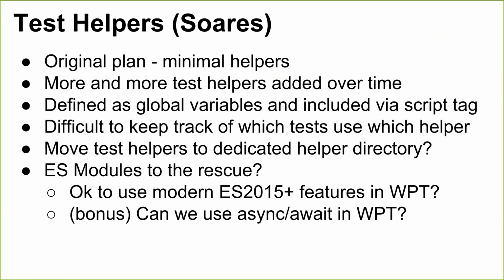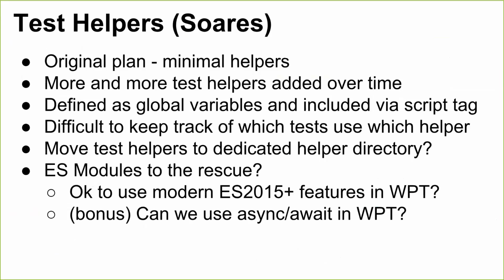But as time goes on and as more tests are written, we are also adding more and more helpers. And the way we add this is by defining global variables and then including them using a script tag. Because of this, there have been some discussions on how to keep track of the usage of these helpers and how to manage them.